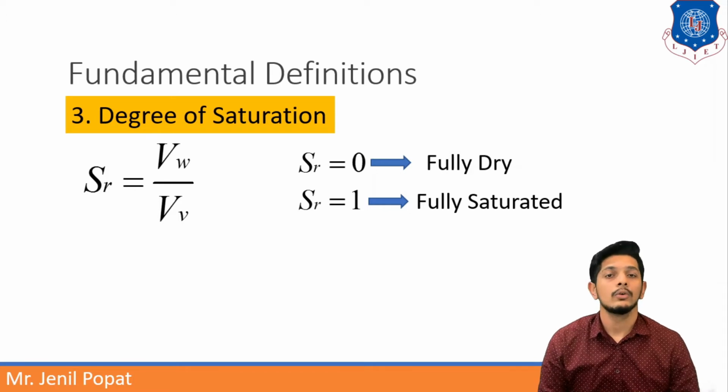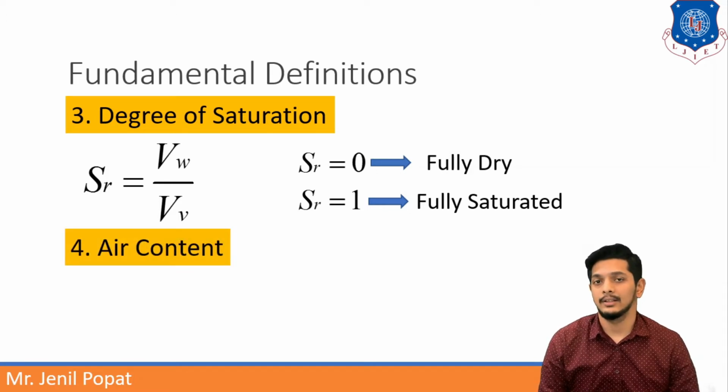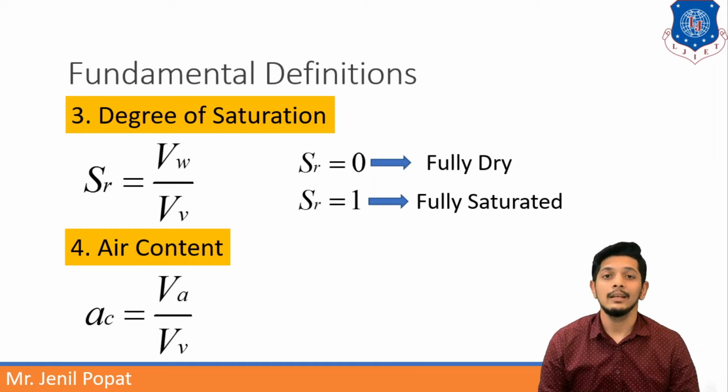Let us move to the fourth definition, that is air content. Air content is also shown in percentage. Air content is denoted by small a with suffix c, ac. ac is equal to Va upon Vv, that is volume of air upon volume of voids. So air content can be defined as the ratio of volume of air to volume of voids.